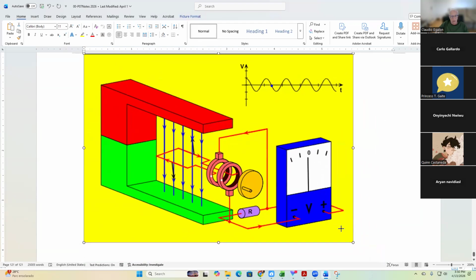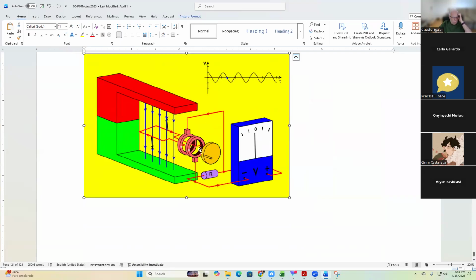Now that you have this, I want you to closely study this situation so you can understand how the electric generator works, okay? Any questions about that? You have the link for the generator. You can do exactly what I'm doing here.